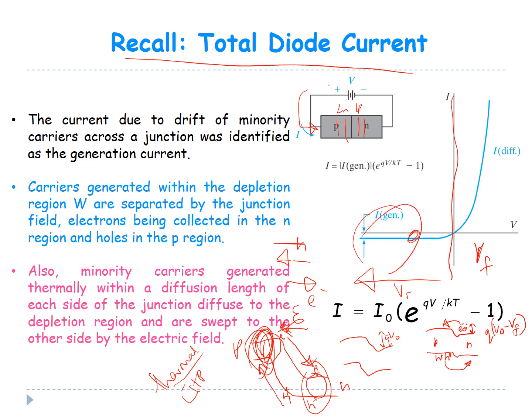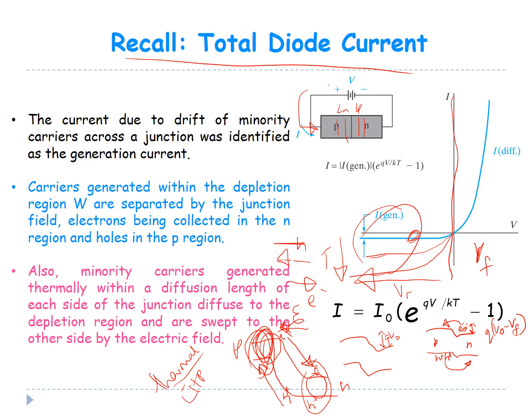So this will only increase if the generation current increases. So for example, if you're at equilibrium, with increasing temperature, if you generate more electron hole pairs, that's the only time you're going to increase the generation current. But with bias, it's going to be independent.